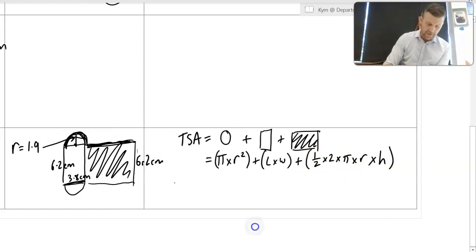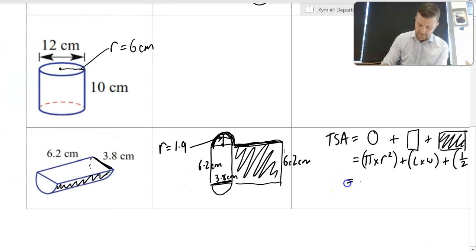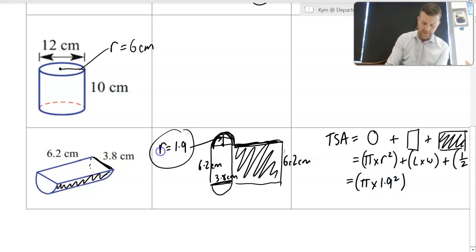So substituting values back into this formula, it becomes pi times 1.9 squared. Remember, 1.9 is our radius, plus length times width of that flat top section there, which is 6.2 times the diameter, 3.8.